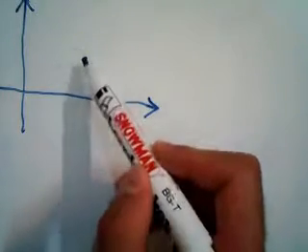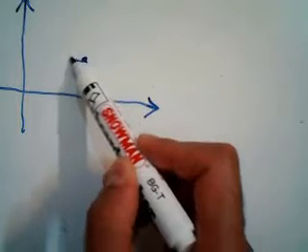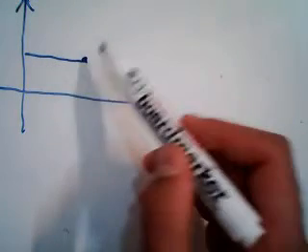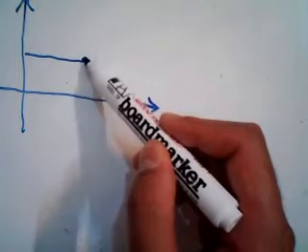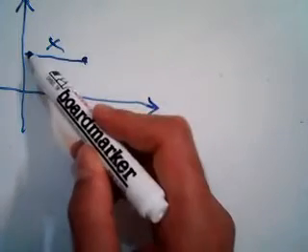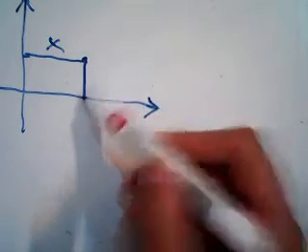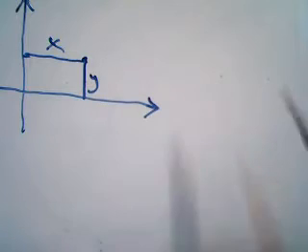One of them is the distance of the point from the y-axis, which is called the x-coordinate, and another one is the distance from the x-axis, which is called the y-coordinate.